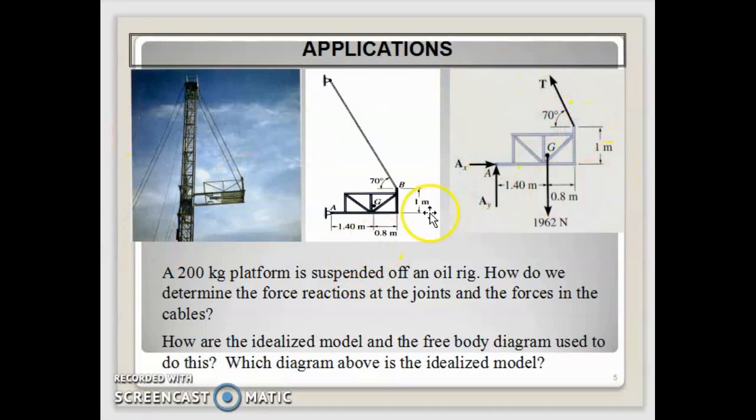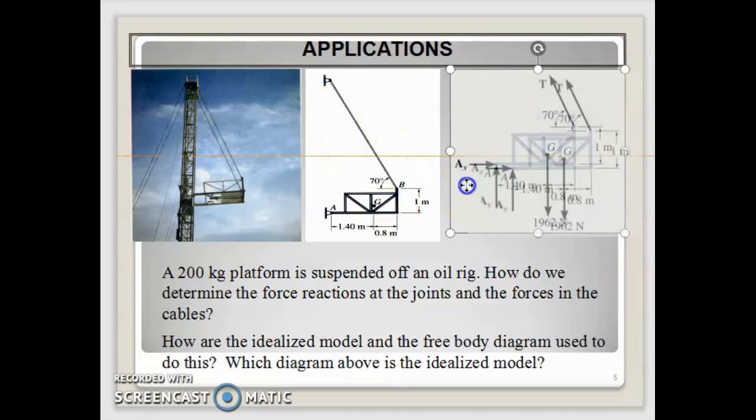And for this one, we need to study how to determine the reaction force in the joint here. Any type of joint. There are so many types of joint, so how do we define it?